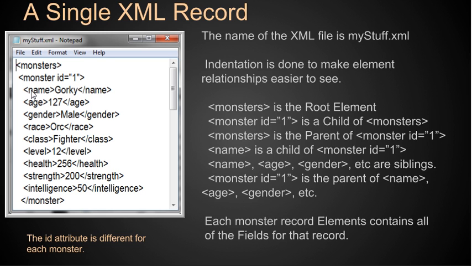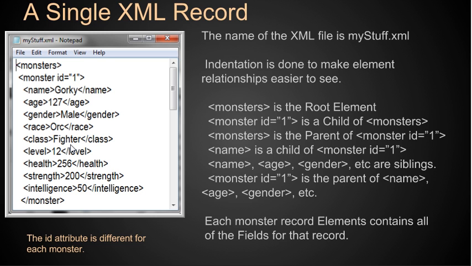All of these elements, name, age, gender, race, class, level, health, strength, intelligence, these are all siblings. Why? Because they're contained within the same element. That's why they're called siblings. Okay. Monster ID 1 is the parent of name, age, gender, etc. So this right here is the parent of all these other elements.